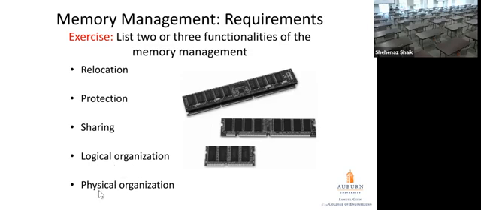Whereas as we know, that is definitely not the case, because each process may be loaded at a different part of the physical memory, and the programmer has no control over at which addresses the process will be loaded.